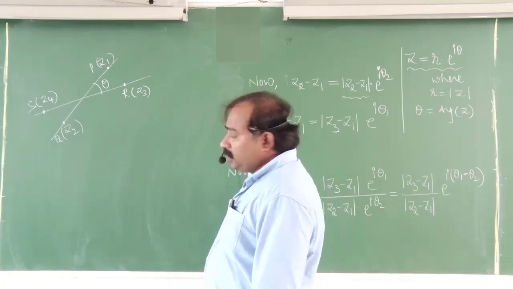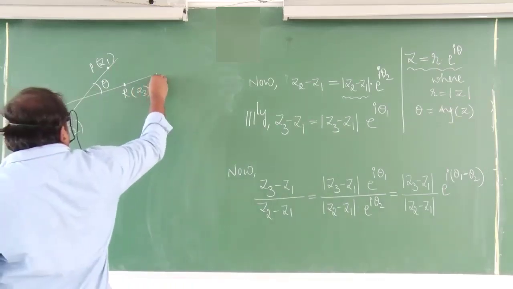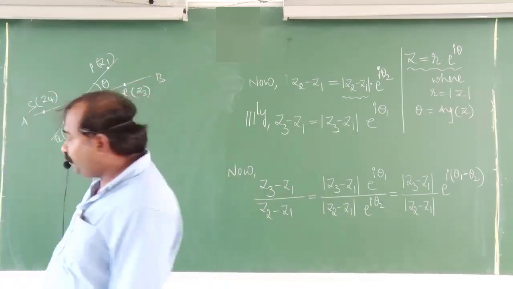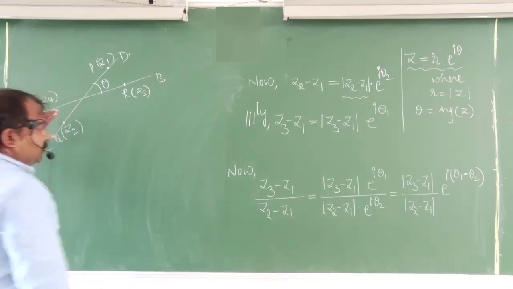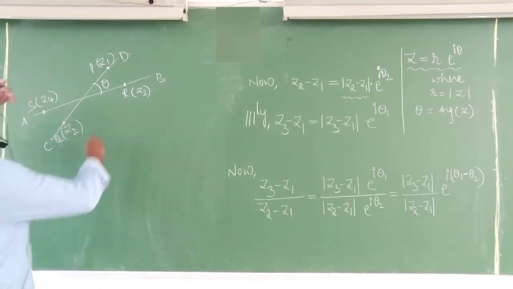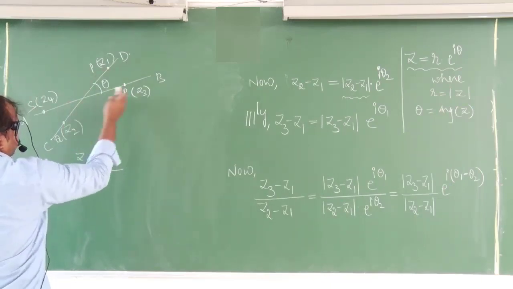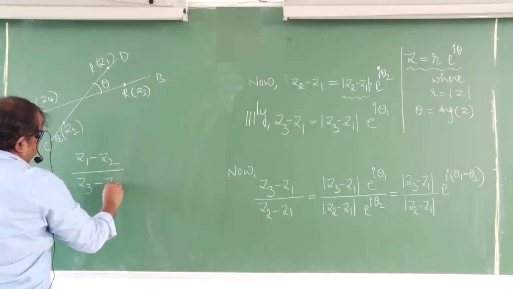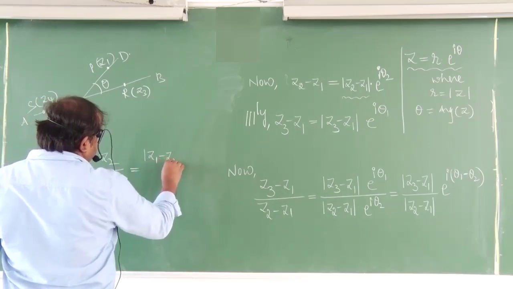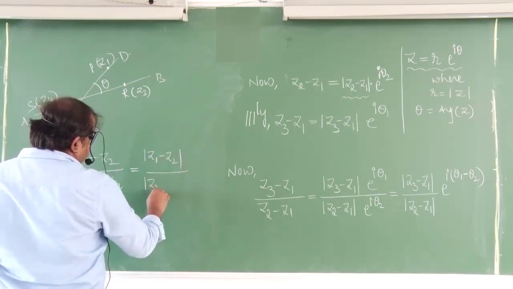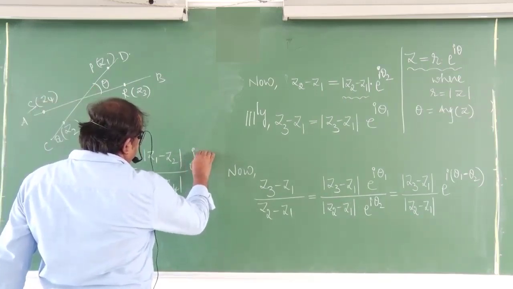Imagine like this. Now if you observe, this is the line AB they have taken, and this is the line CD they have taken. Then based on the rotation theorem, first of all, Z1 minus Z2 by Z3 minus Z4 equals modulus Z1 minus Z2 by modulus Z3 minus Z4 into e power I theta.